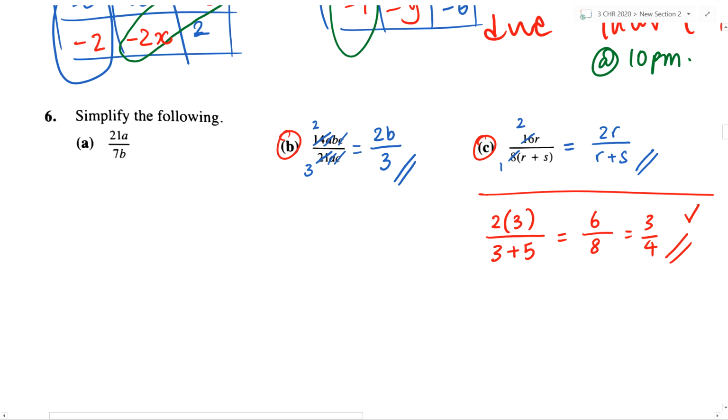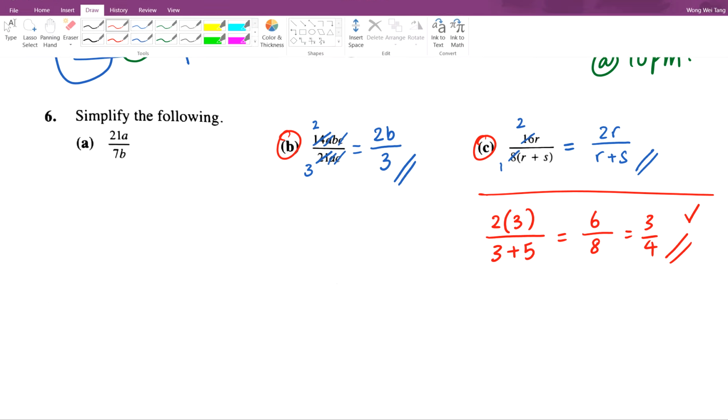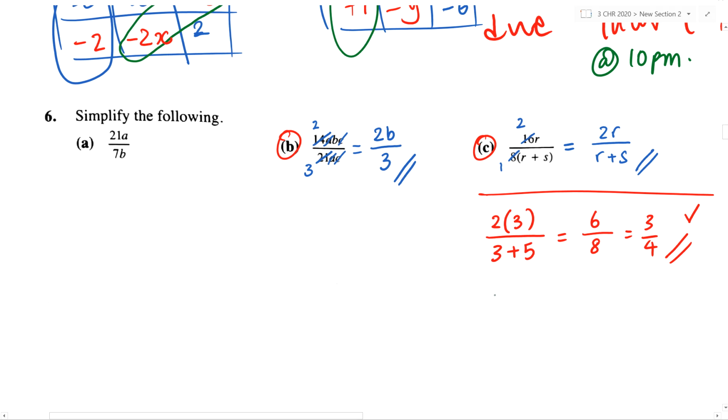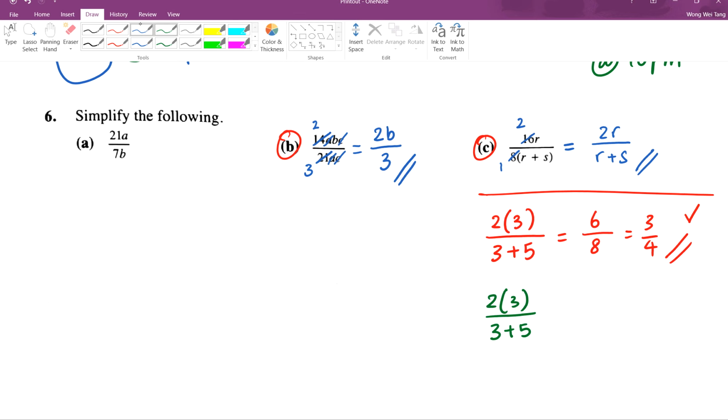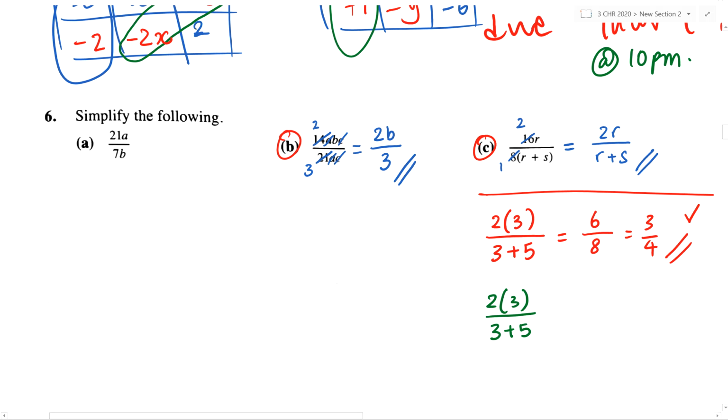However, if we try to cancel, here we have 2 multiplied by 3. It is the same question. If we try and cancel the 3's, over here, this 3 and this 3, we will have 2 over 5, which we know is definitely wrong.